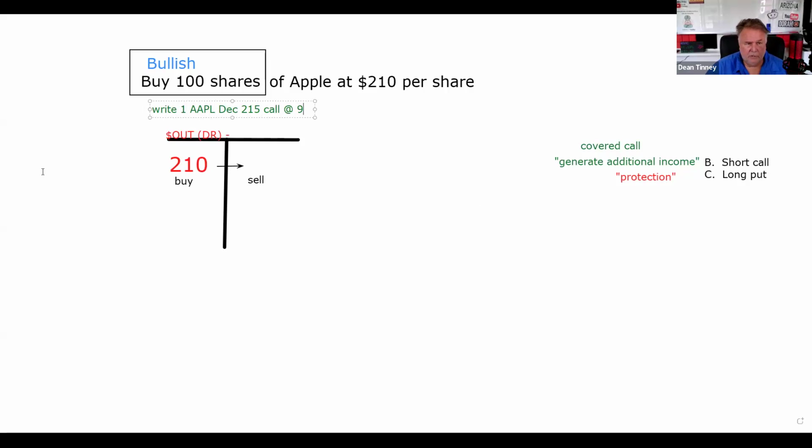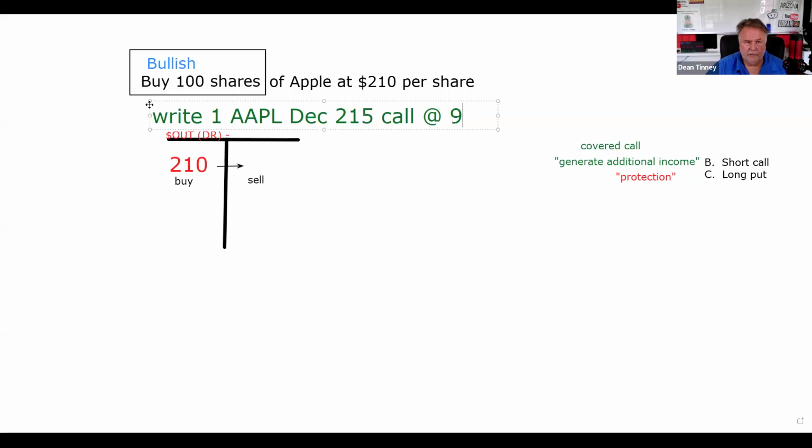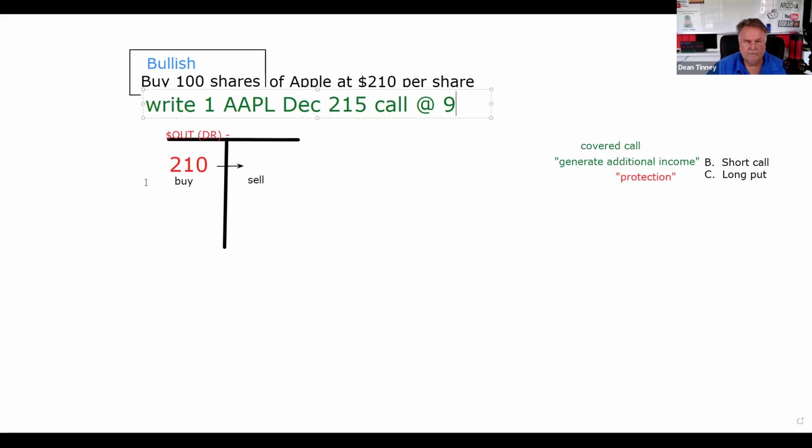That is going to lower out-of-pocket costs and therefore give us some price decline protection. What I mean by that is we've now brought in 9 points for selling that option.